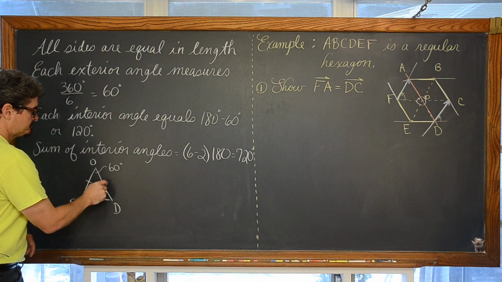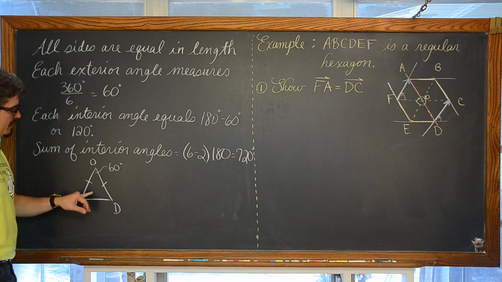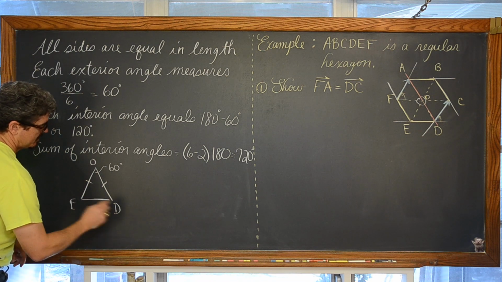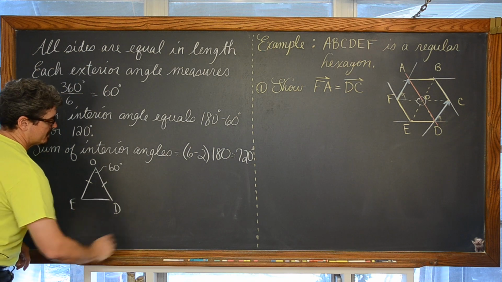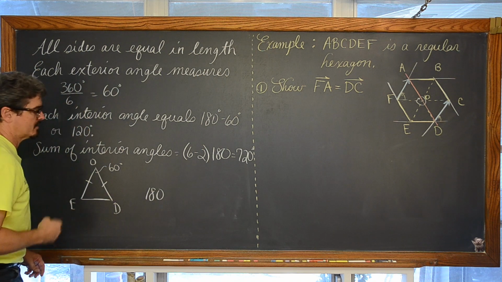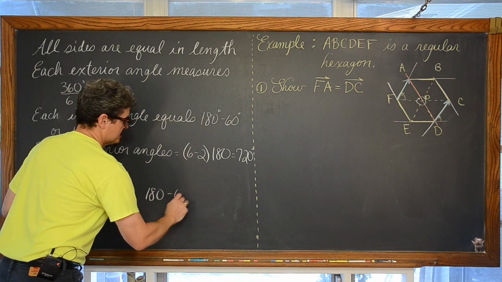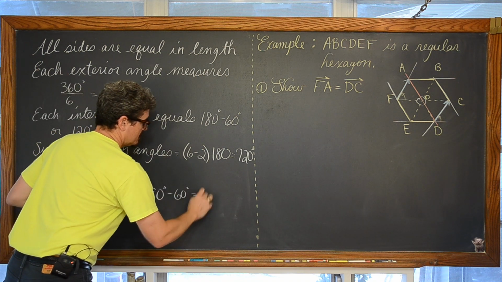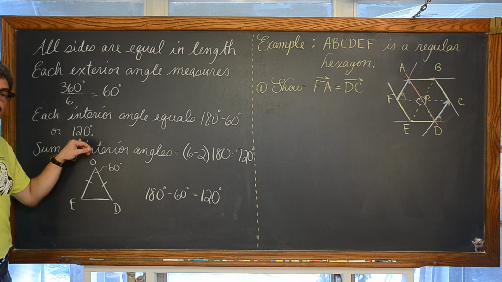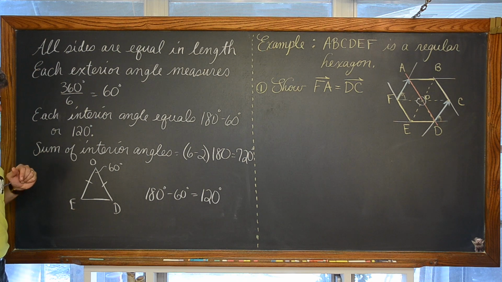So these are radii, and therefore they're going to be equal. Now, inside of this triangle, we have an interior sum of 180. Take away this angle of 60 degrees, leaving us with 120 degrees, the same measure as each of those interior angles, by the way.